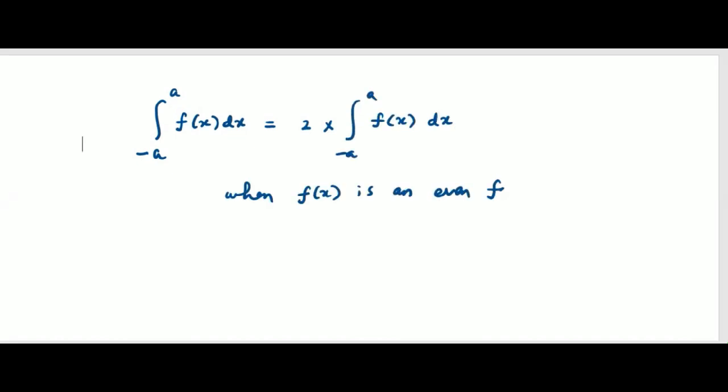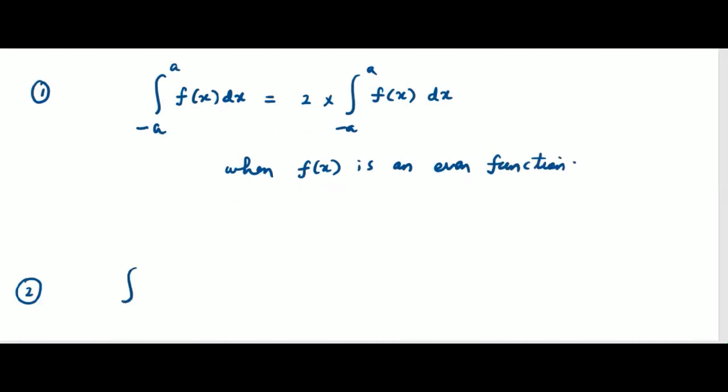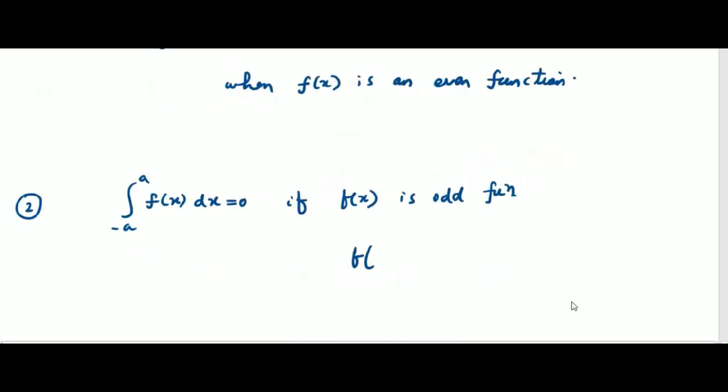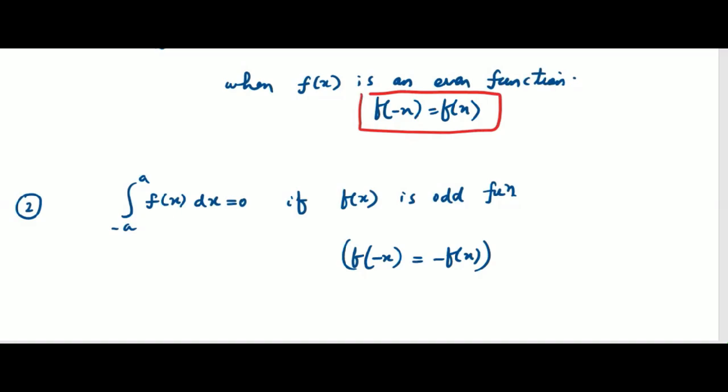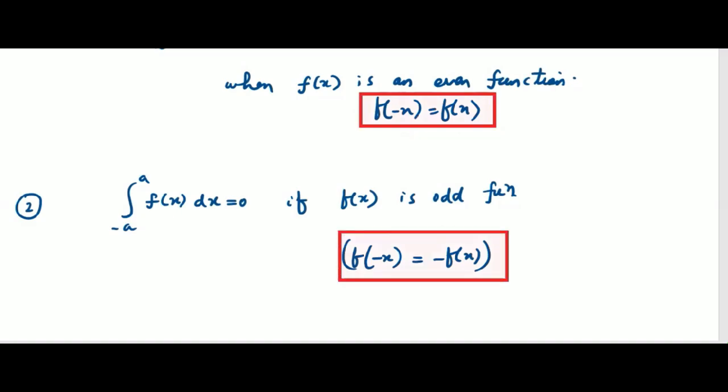It will be 0 if f of x is an odd function. Odd function is f of minus x is minus of f of x, and even function is f of minus x is f of x. If you change the minus sign, nothing will change, it will look the same. For odd functions you get an extra minus.